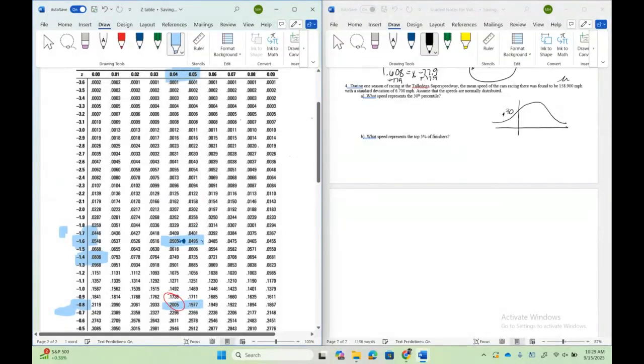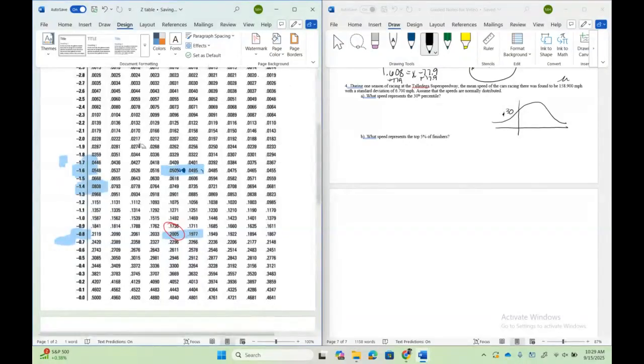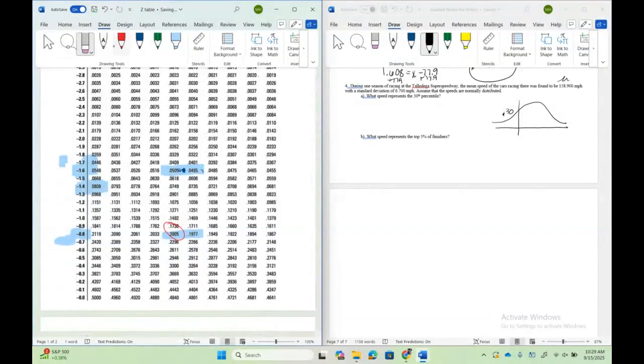That's 0.03, and I need 0.3. 0.3015 is the closest one here, so that's a z-score of negative 0.52.